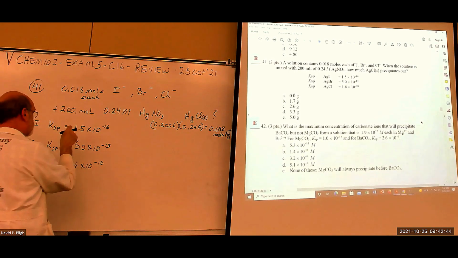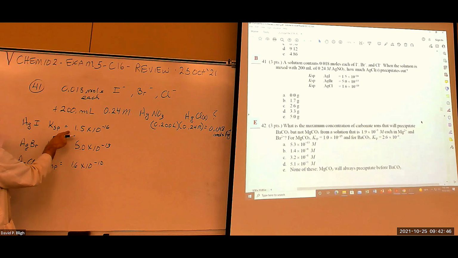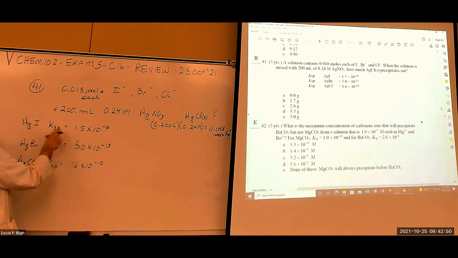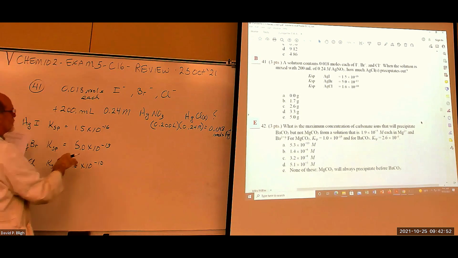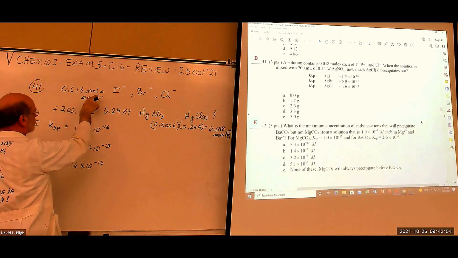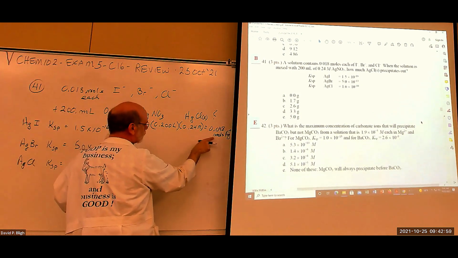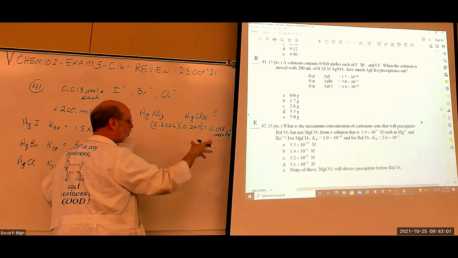So if this one's going to precipitate first, and it's going to take all the iodide out of solution, you've got 0.018 moles of iodide and 0.048 moles of silver, and they're 1 to 1.